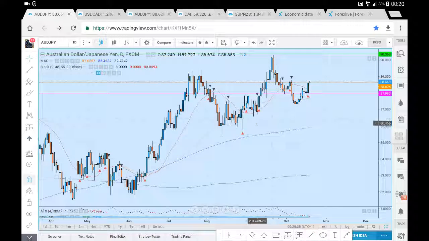So what would be other factors which would be supportive of a bullish move in the Australian dollar against Japanese yen? Well, if you have a look on this chart here, we can see, if I can get a drawing tool, let's go to the brush.